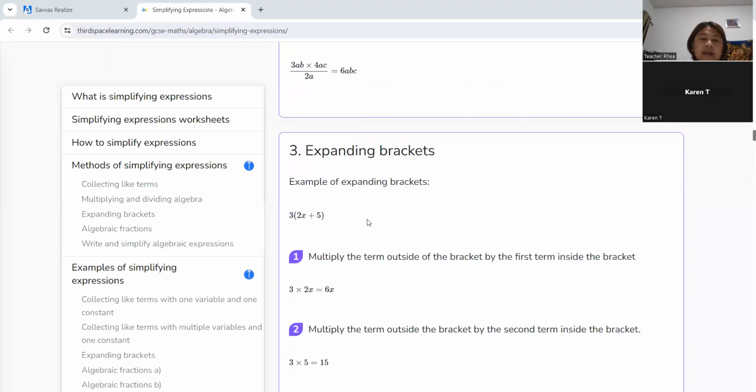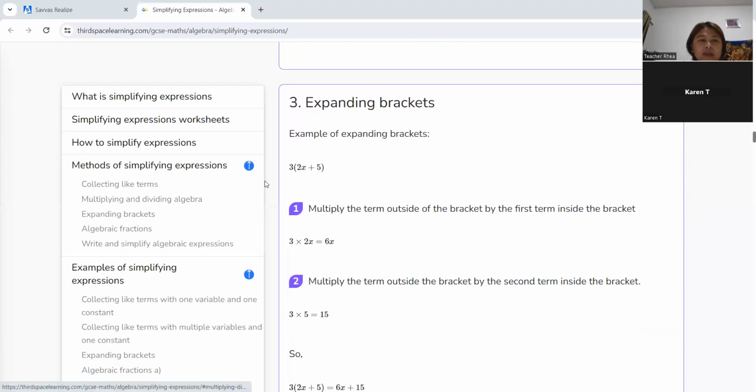Next is expanding brackets. If you see this kind of algebraic expression, use expanding brackets. That means you need to do the distributive property of multiplication.